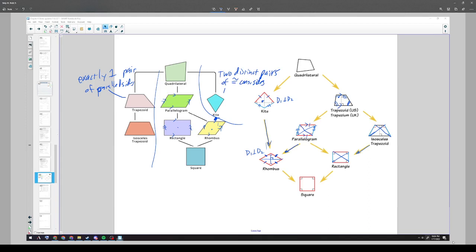So with a rectangle, they're overall equal in length because of this side, and they bisect each other because of this one. So that's why we end up with this property in the rectangle, that all four of these half diagonals are congruent.